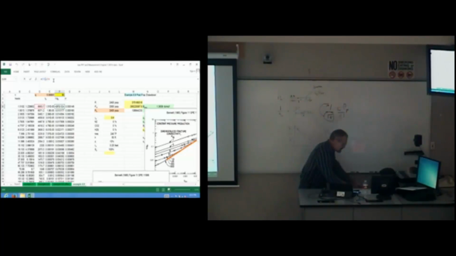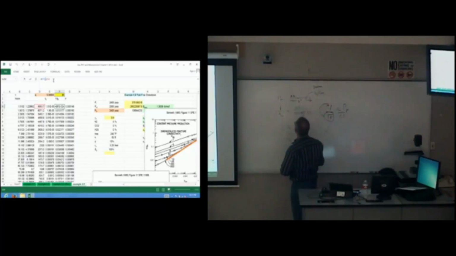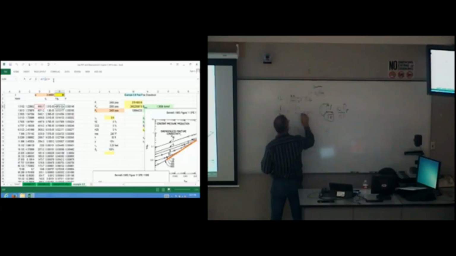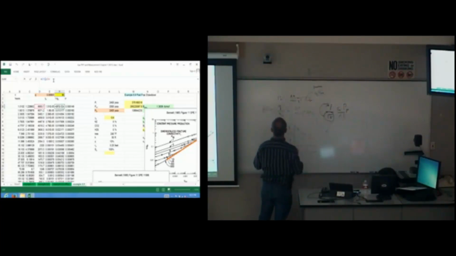Okay, that 80 I have up there is Q over Q sub D. So 80 equals KH over 1422T. Now let's start getting rid of this other stuff.